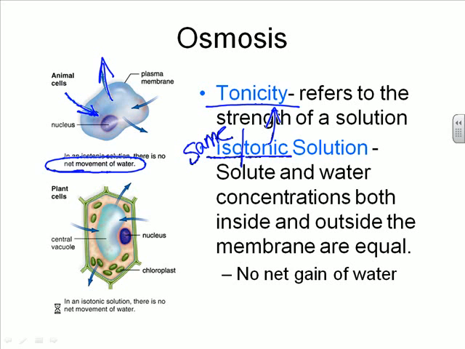Water is freely moving in and out because the plasma membrane does not selectively restrict the movement of water. You can see in an animal cell, you can see in a plant cell, in an isotonic solution, water's moving in, water's moving out, but there's no net gain of water.